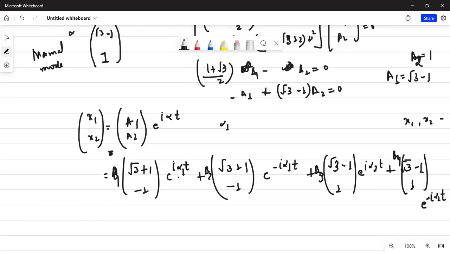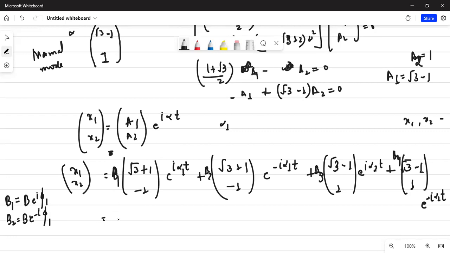Is that clear? And I told you on the very first day that these x1 and x2 are real displacements, so they need to be real. So what technique did we apply? We replaced b1 as some b e^(iφ) and we replaced b2 simply as some b e^(-iφ). If we do that, for α1 you take the corresponding 1 1, let's say.